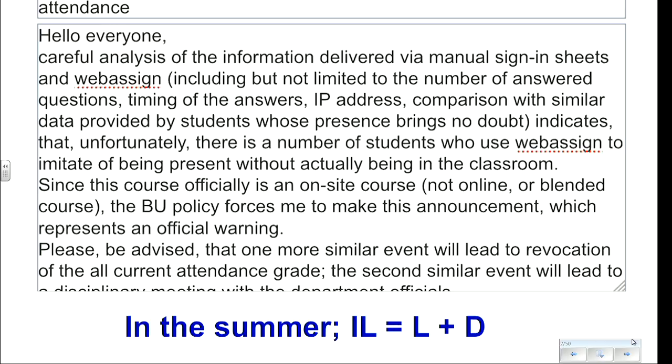And the syllabus says that in the summer, standard laboratories and discussions are combined in one new unit.